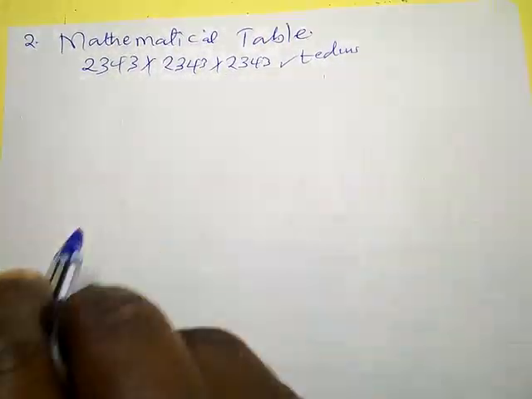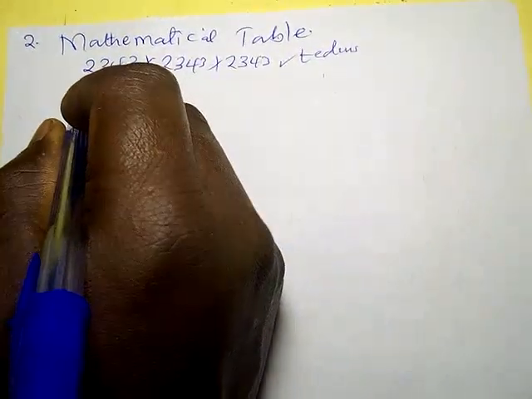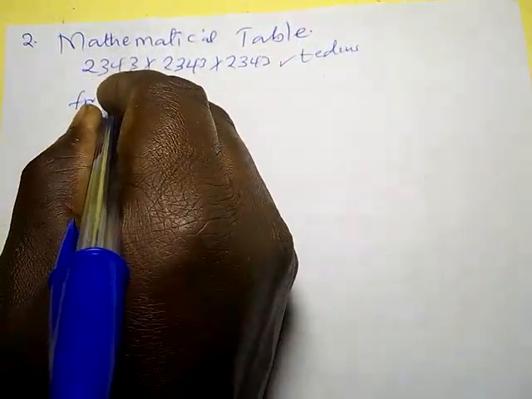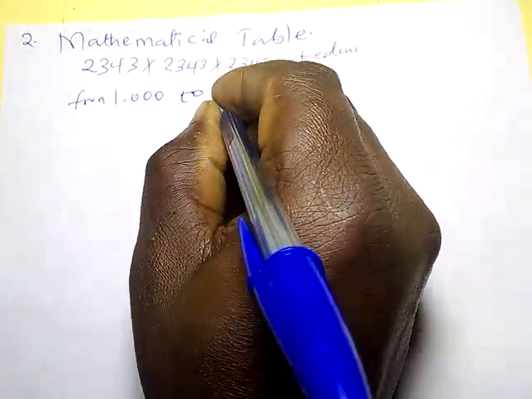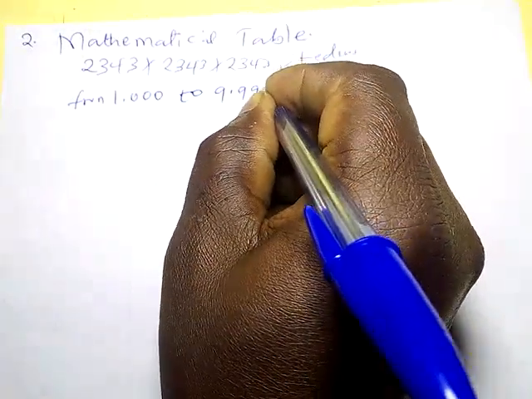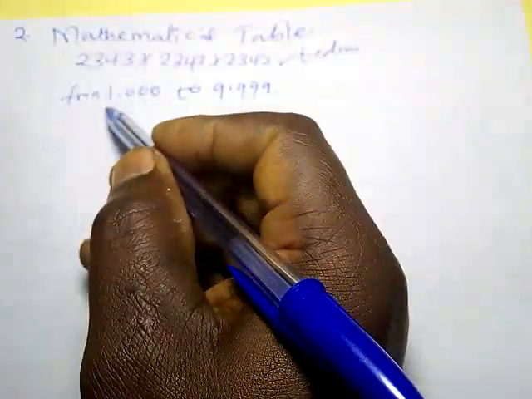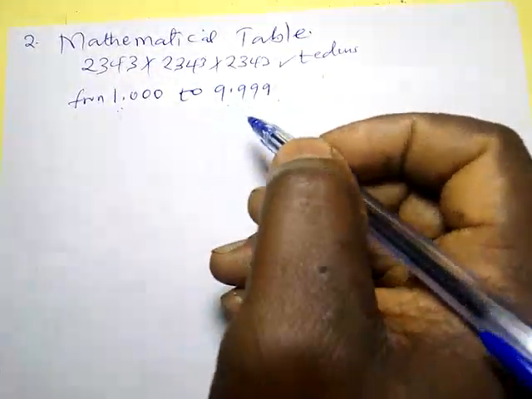The mathematical table provides the cubes of numbers from 1.000 to 9.999. So any number that is not between 1 and 9.999, you must write it in standard form.